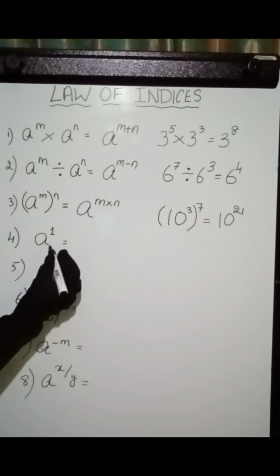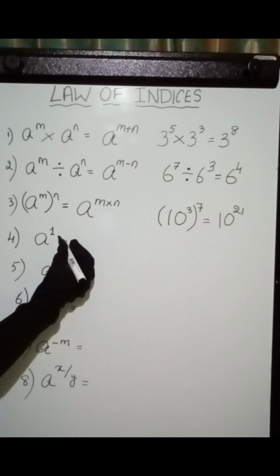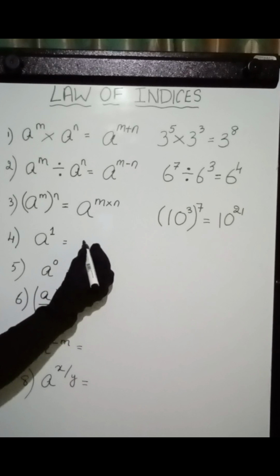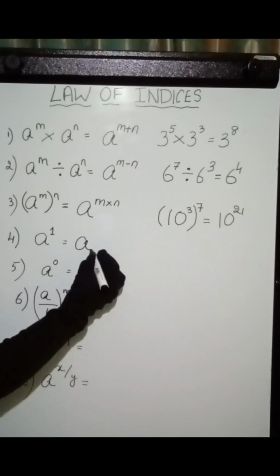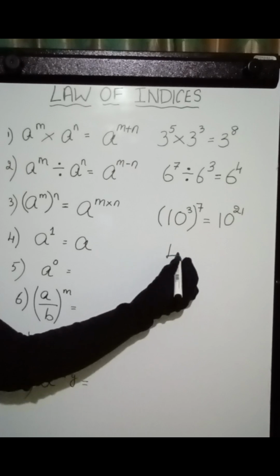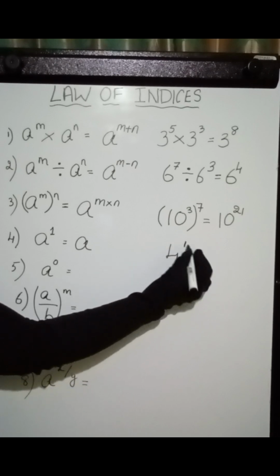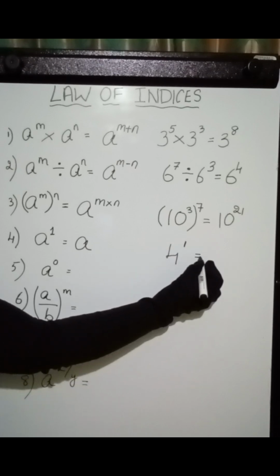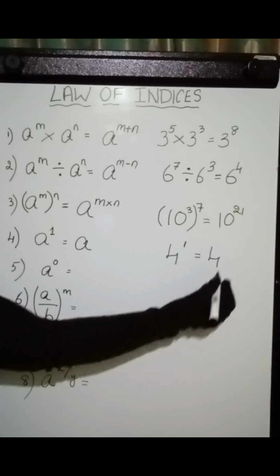The next one: whenever you have a to the power of 1, this is nothing but simply a. For example, if you have 4 to the power of 1, this will be equal to 4.